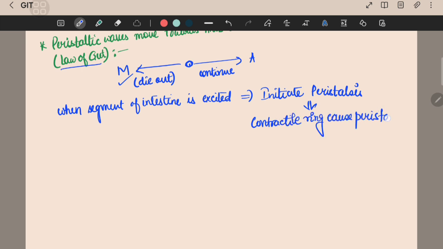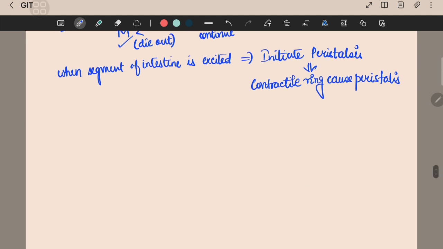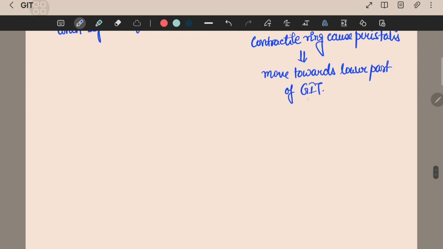It will originate basically from the upper portion, that is from the direction towards the mouth. From that region it will originate. Okay, and move towards the lower segments, move towards the lower part of the GIT. And when it moves to the lower part of the GIT towards the anal direction, what will happen? There will be propulsion of the intestinal contents in the anal direction.